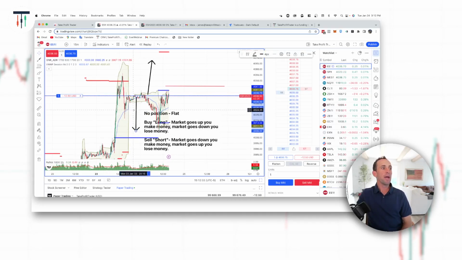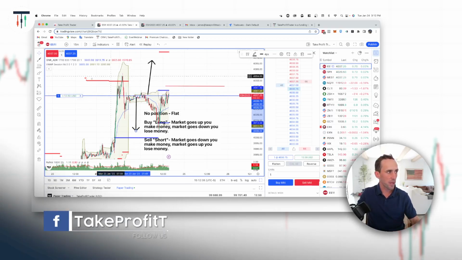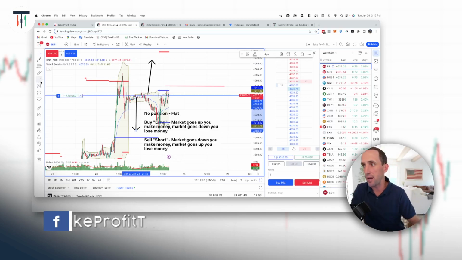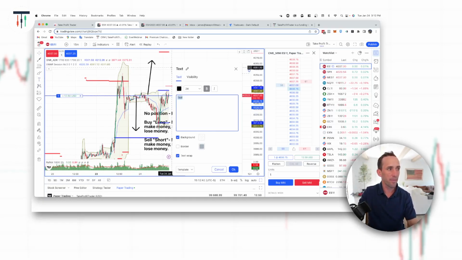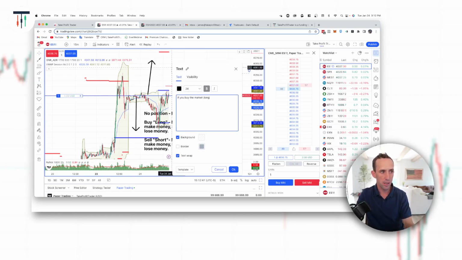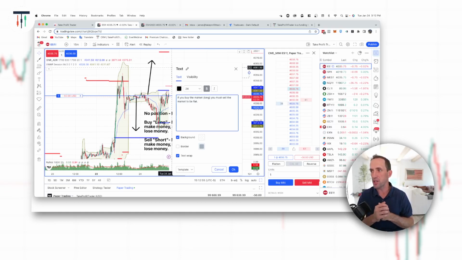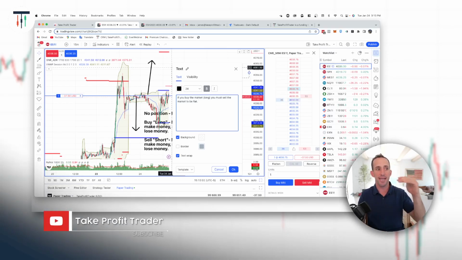Okay. Now, the most important part of trading and understanding how to put in orders is this. If you buy the market and you're long, you must sell the market to be flat. So to get out of a long position, you need to sell, because remember, you bought the market to get long, you need to sell it to get flat.